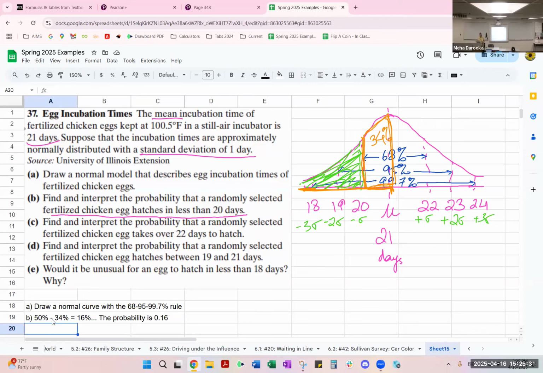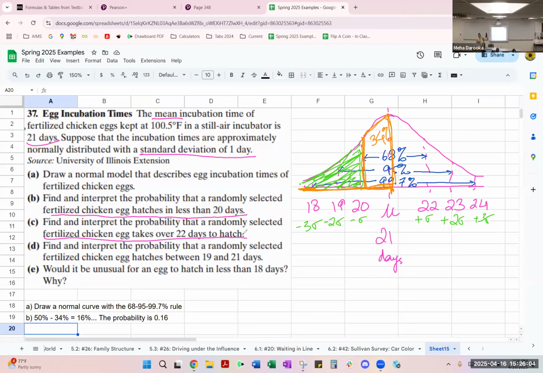Now they're asking us, what is the probability that it will take the randomly selected egg over 22 days to hatch? So think about those 22 days, where it's at, and what will that percentage come out to? So it will take over 22 days to hatch.